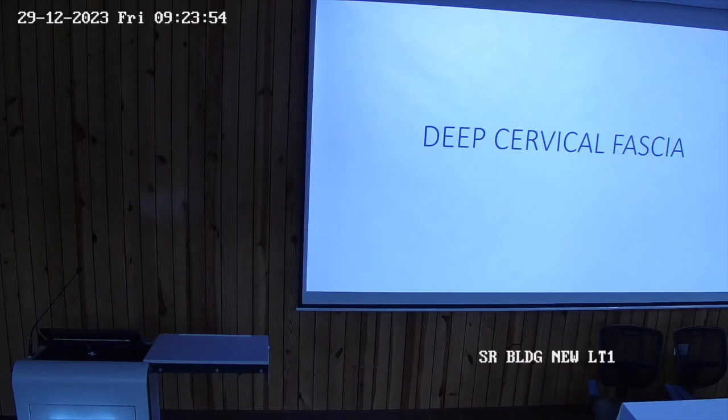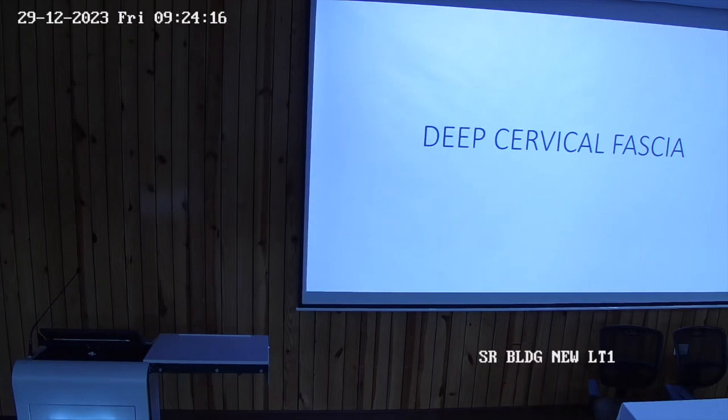Like this is one triangle, called the digastric triangle. This is another triangle, called the carotid triangle. This is the third triangle, called the muscular triangle. In this way, there is another triangle here, which is called the mental triangle. So the anterior triangle is divided into smaller triangles.